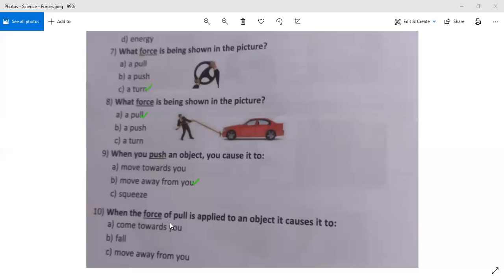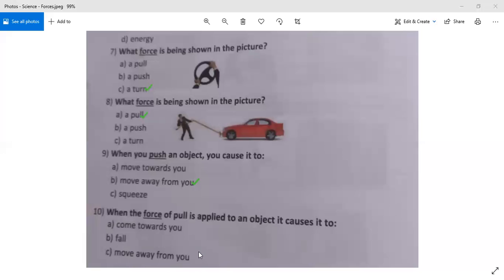When the force of pull is applied to an object, it causes it to A, come towards you, B, fall, or C, move away from you.